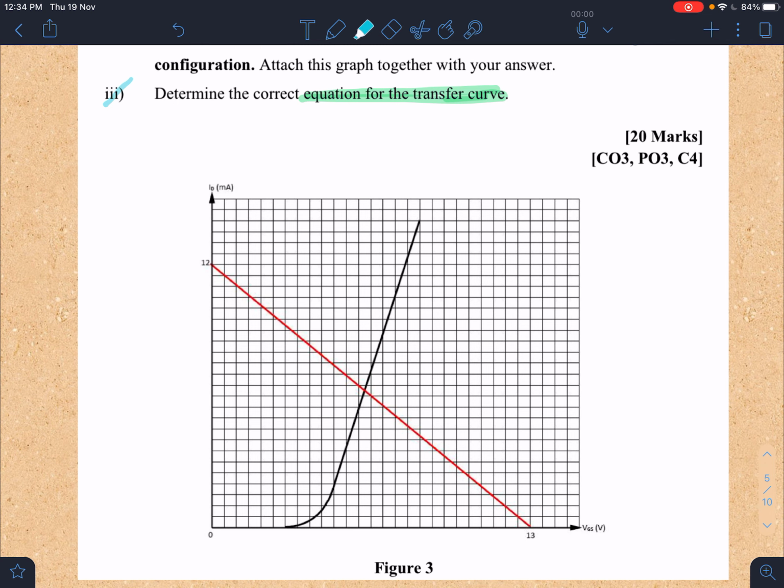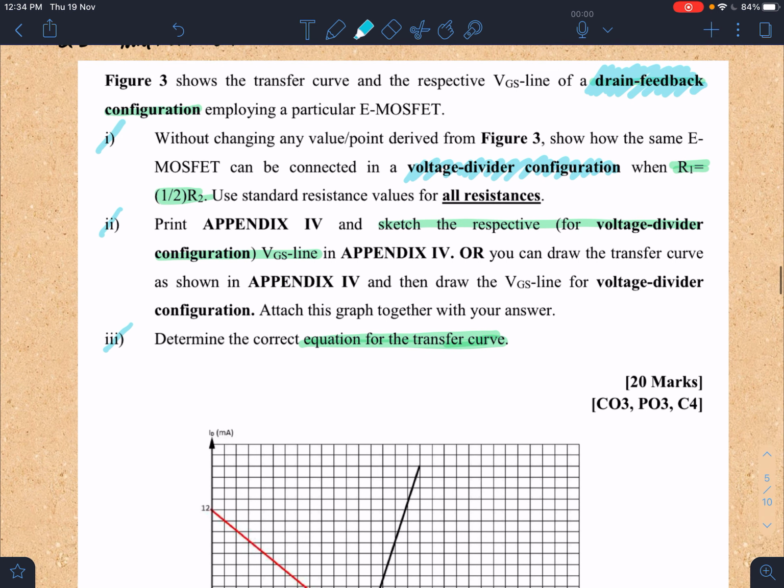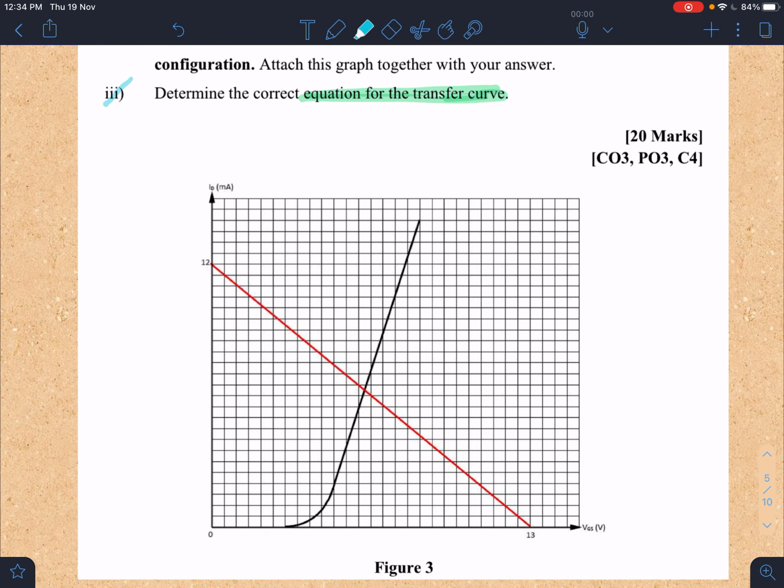For question number 2, once you get the VGS line for the voltage divider, draw its line on this graph to show that by using the same E MOSFET, you design another circuit which is a voltage divider.